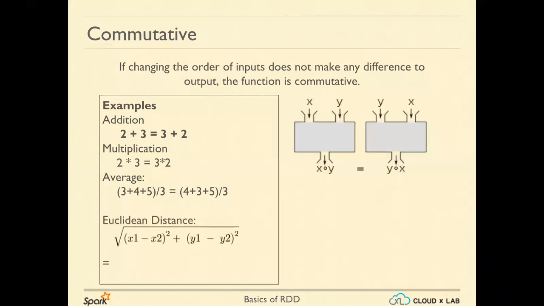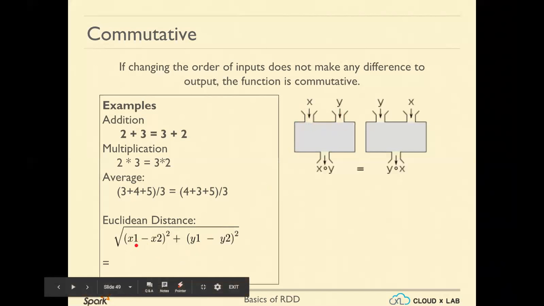Now, a harder question: is Euclidean distance between x and y commutative? Imagine that we were passing x1, x2, and y1, y2 to this function. Let's say we were passing two coordinate objects, the first coordinate and the second coordinate. So let's say there are points, point 1 and point 2, and we're passing those two as the arguments.